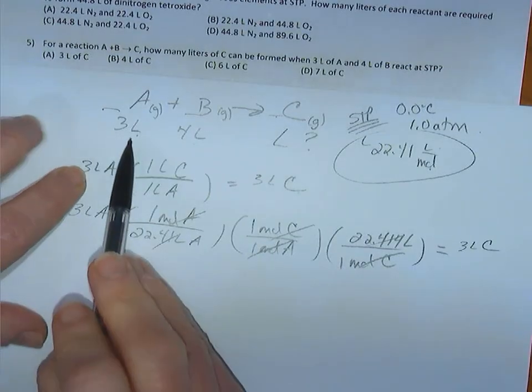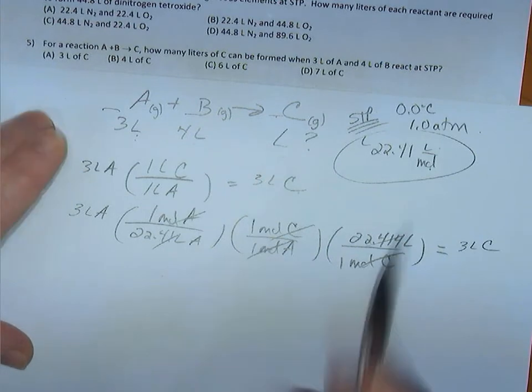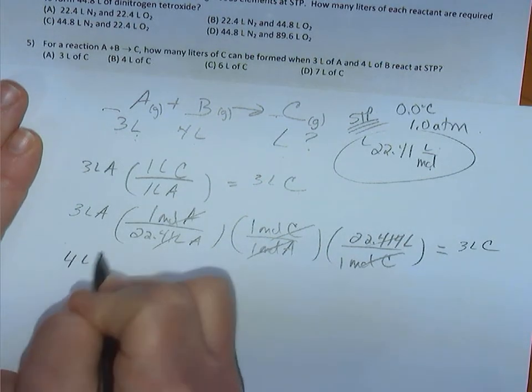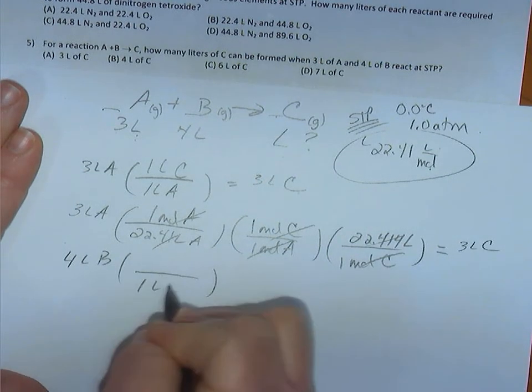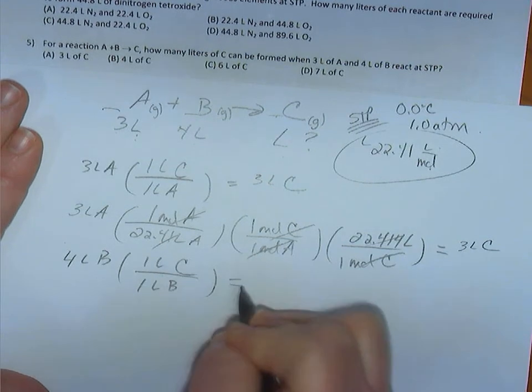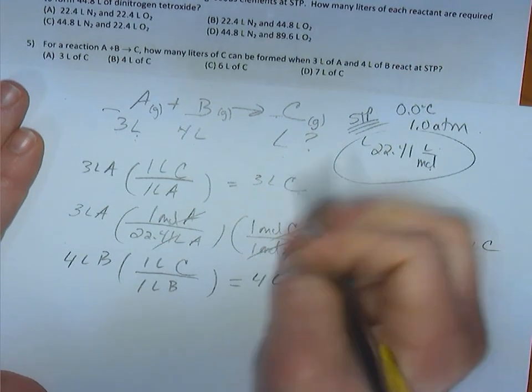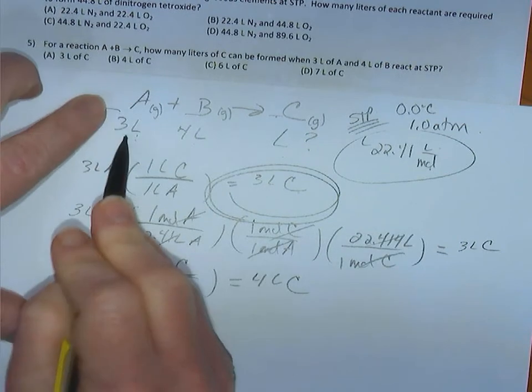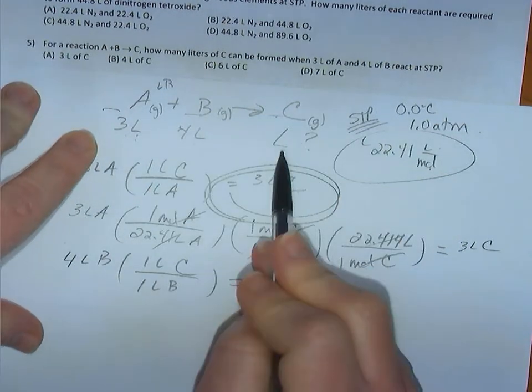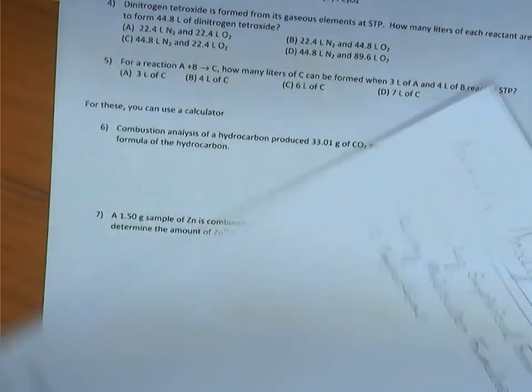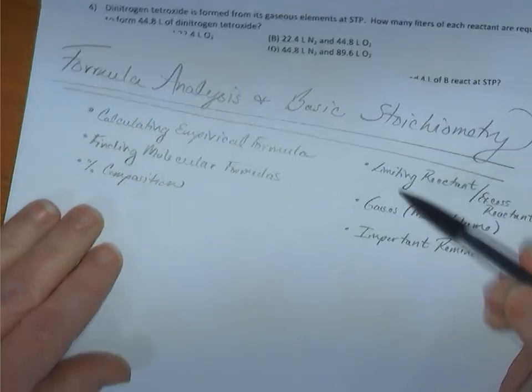And you can only do this if you're going from one gas to another gas. Then the 4 liters of B, 1 liter of B for every 1 liter of C, and so we can see that A is our limiting reactant, and so we will only get 3 liters of C. Okay, so we hit on all of the major things.